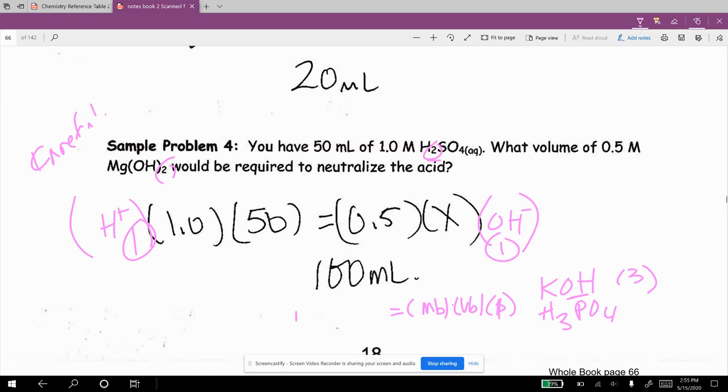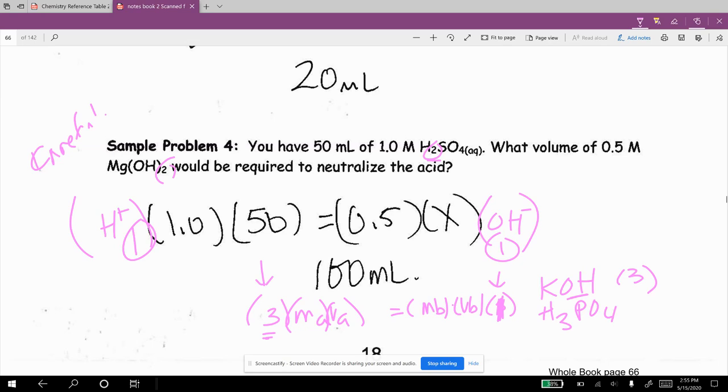And then I would have the molarity of the acid, volume of the acid times 3, because I have 3 H's and I have only 1 OH. And then that would take into account. But we're not asking you to do that in Regents Chem, right? But in Honors Chem, you would do that.